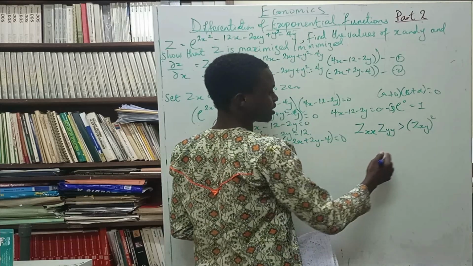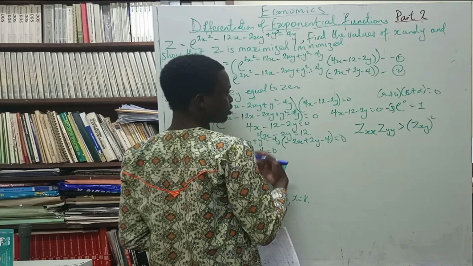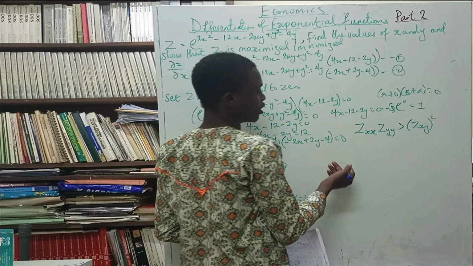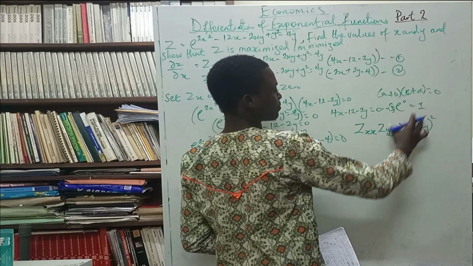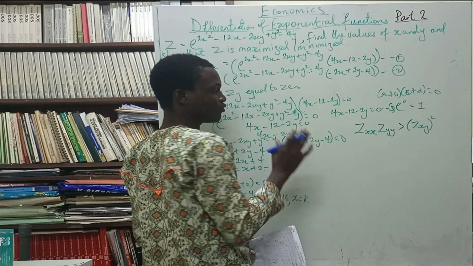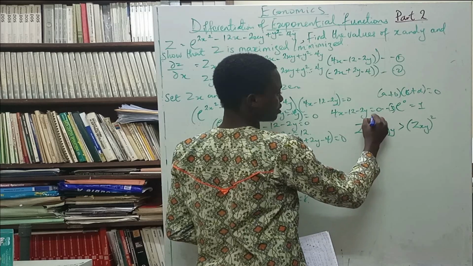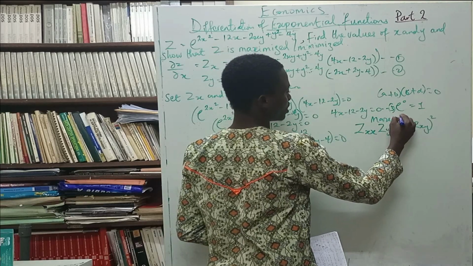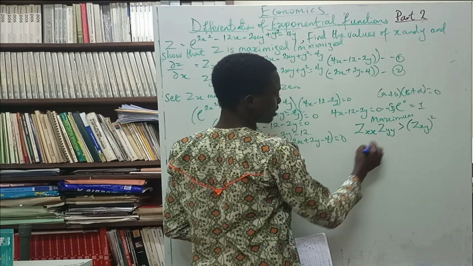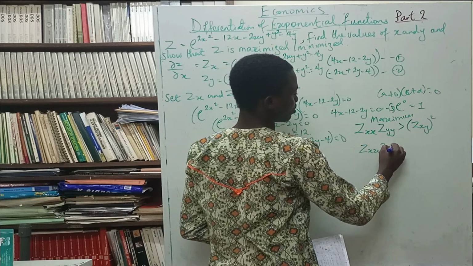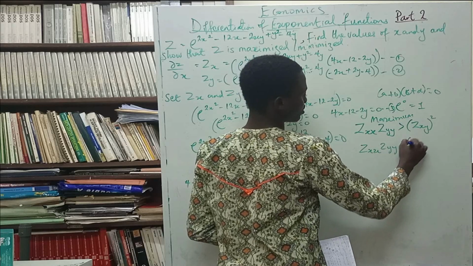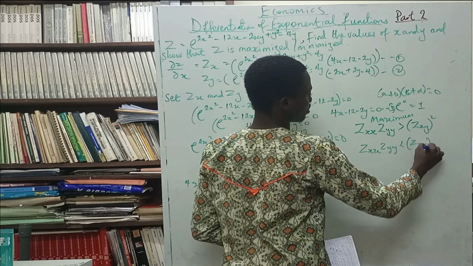Now zxy is actually the same thing as zyx, and I'm going to show that to you. When we multiply this, whatever answer we get, if it is greater than the square of the cross partials, the function is maximized. So this is the maximum, and for the minimum we have the reverse: zxx zyy will be less than the cross partial zxy squared.